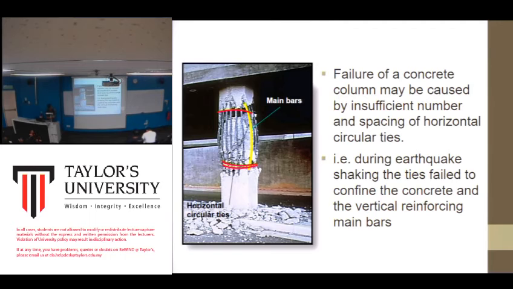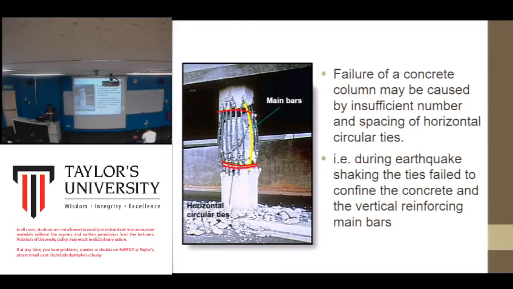These are the main bars, placed vertically, and you need to put the circular ties. So when the column is crushed, it might be because there are not enough circular ties holding the main bars. That's one of the possible causes of column crushing.